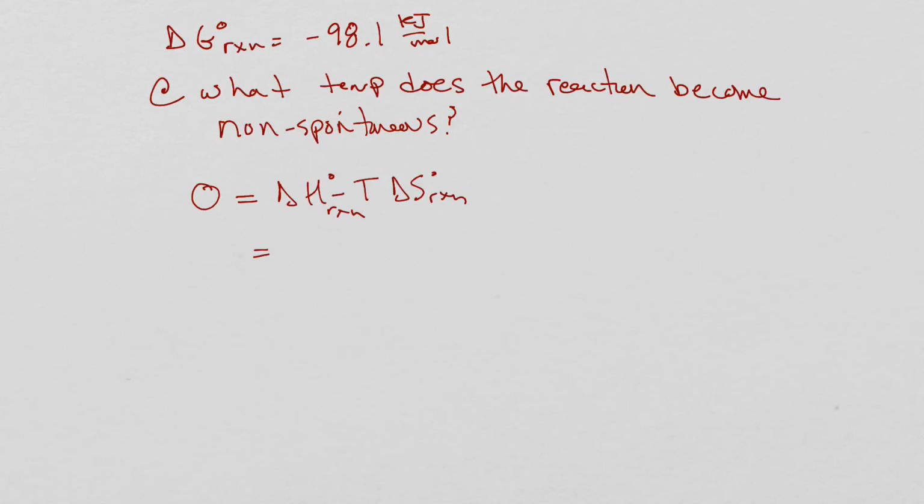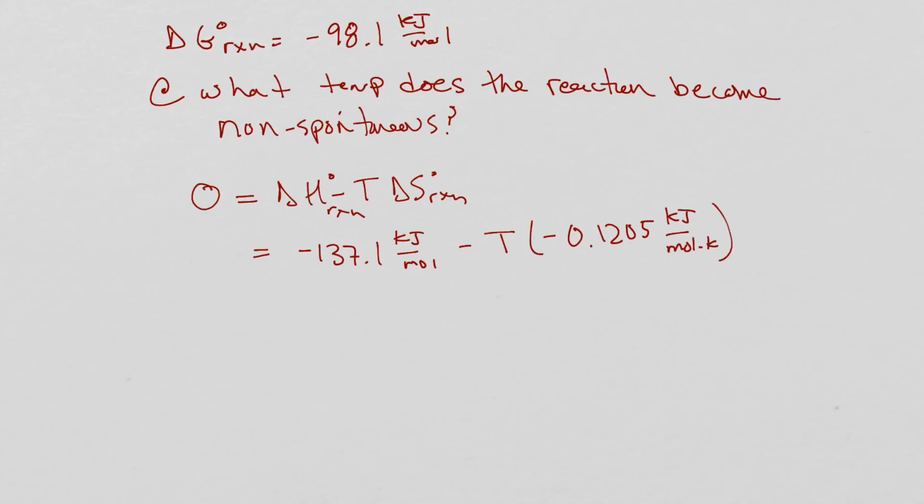So we plug in our same delta H and delta S values that we used. So our delta H value is negative 137.1 kilojoules per mole minus T times my delta S value, which was negative 0.1205 kilojoules per mole Kelvin.